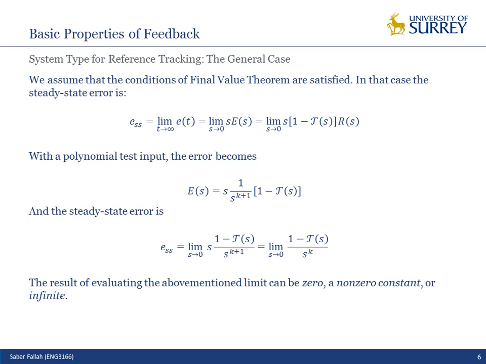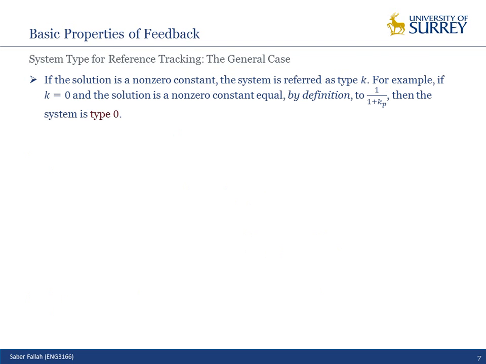Okay, let's see what we have. If the solution of that steady state error is a non-zero constant, this is the definition of the type. The system is referred to as type K if we have a non-zero constant steady state error.